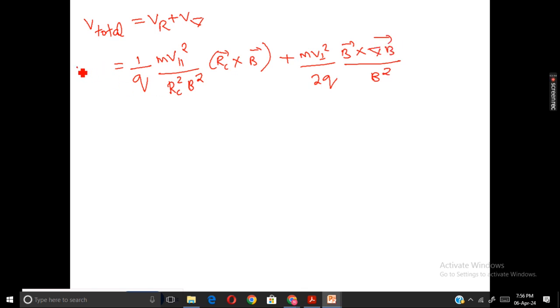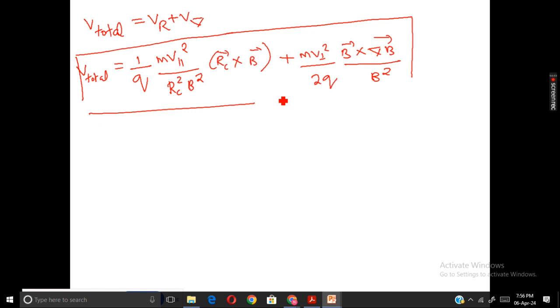So this is the total drift velocity due to both the gradient and the curvature in the magnetic field. If we look at the different directions, this is the curvature of the magnetic field, this is the radius of curvature Rc, this is the direction of V parallel, and this will be the direction of V perpendicular.